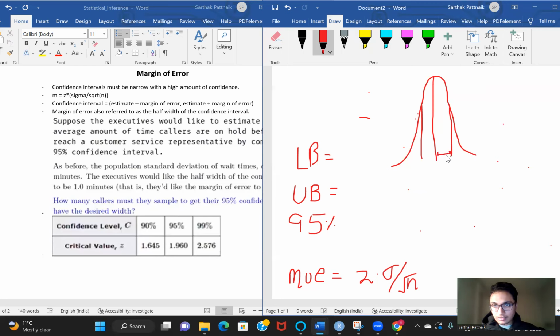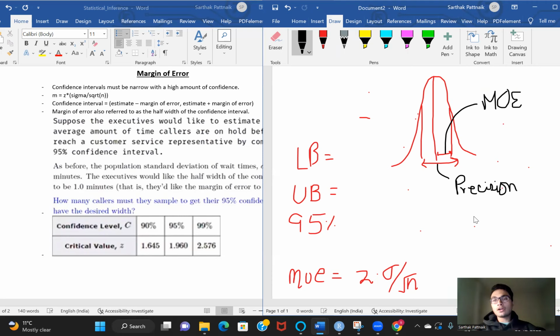This distance right here is my margin of error. This complete width is called precision. It is sometimes referred to as precision, sometimes it is referred to as width. Both the terminologies are okay.